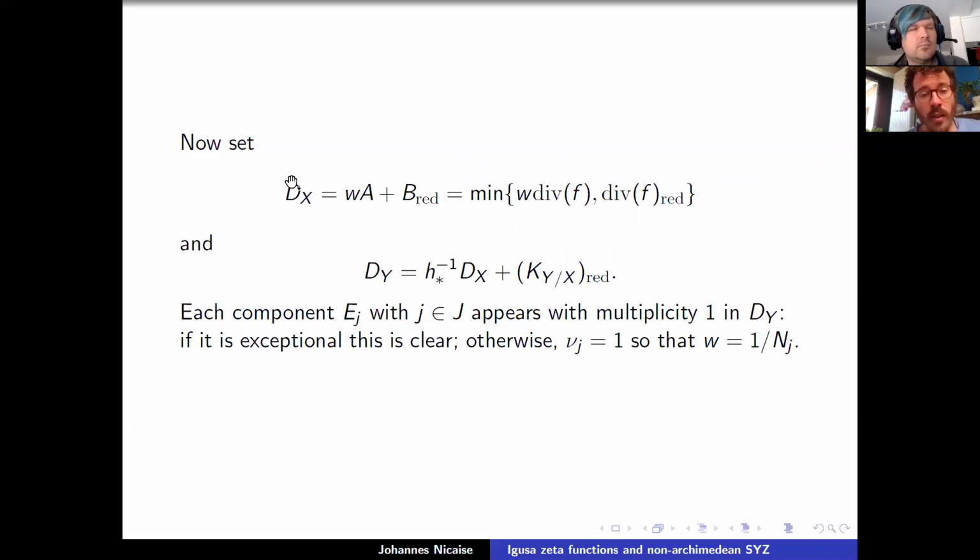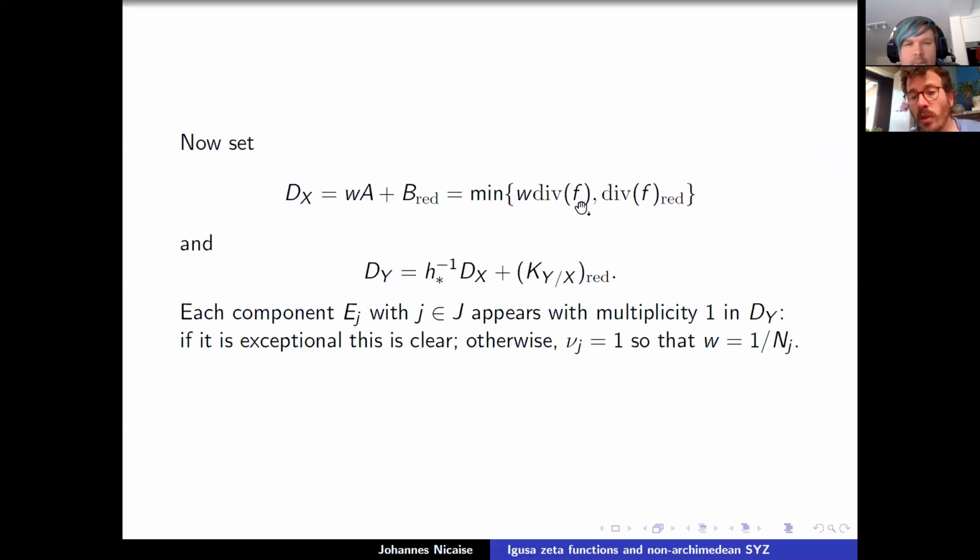So now we define a divisor D on X, which is, well, we multiply the A part of our divisor of F by w, and we add B red. So again, this is just a divisor B where we put all the coefficients equal to 1. So by definition of A and B, this is the same thing as taking the minimum of w times the divisor of F and the reduced divisor of F, where the minimum is defined component-wise.